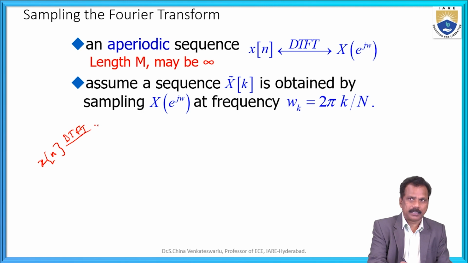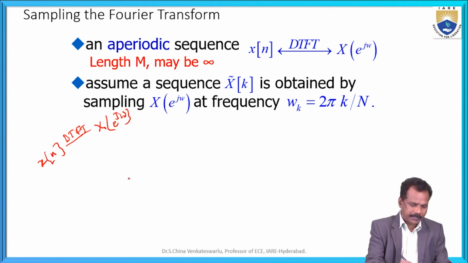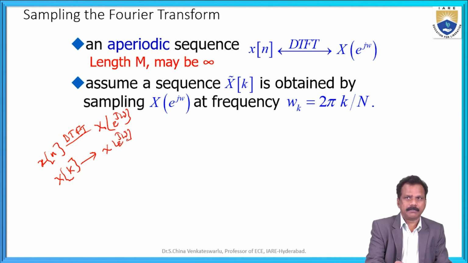You will expect X of e power j omega. If X of k is obtained by sampling X of e power j omega at frequency omega k equal to 2 pi k by capital N.